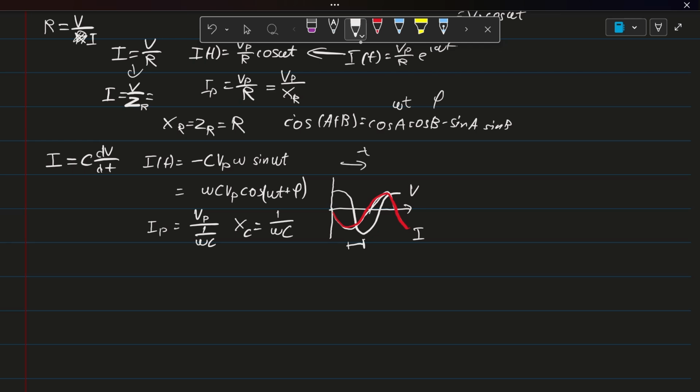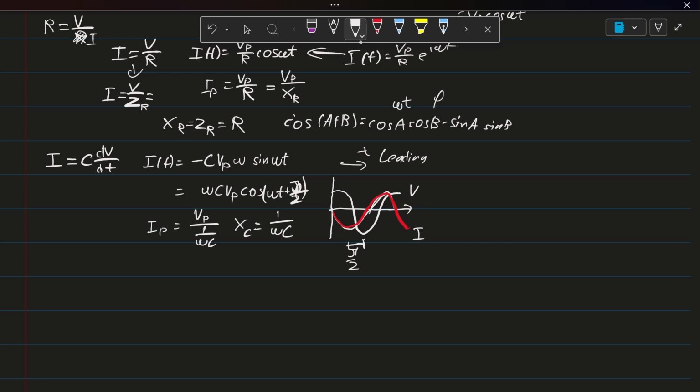So if we try to take a scan between each time, it is as if the current is on its peak first before the voltage. So what we see is that the current is leading. So that's why we could see a positive pi over 2 here. So there's this pi over 2 in which the current is moving in front of our voltage.